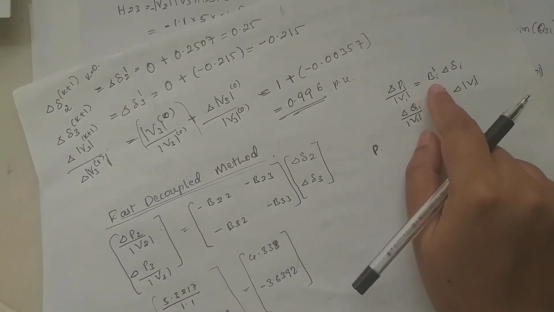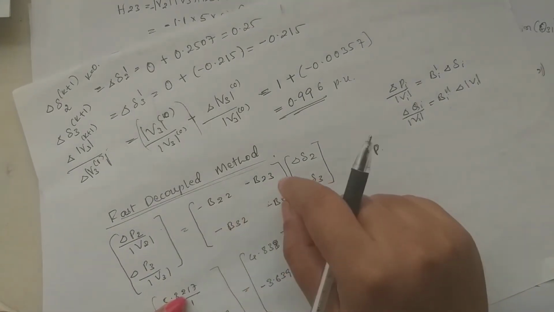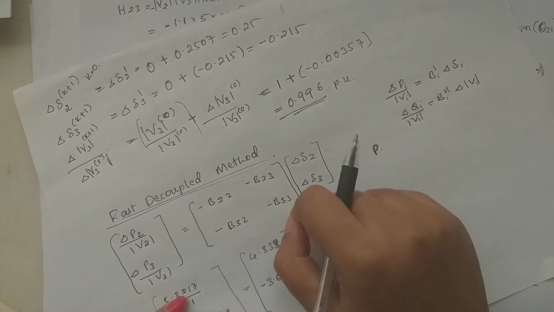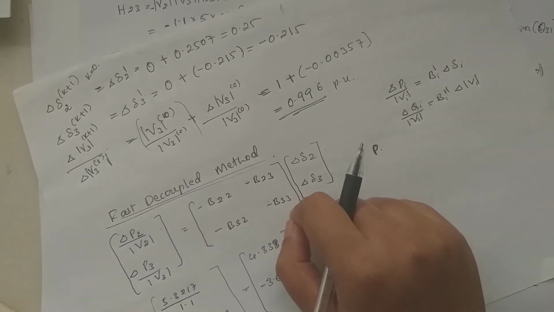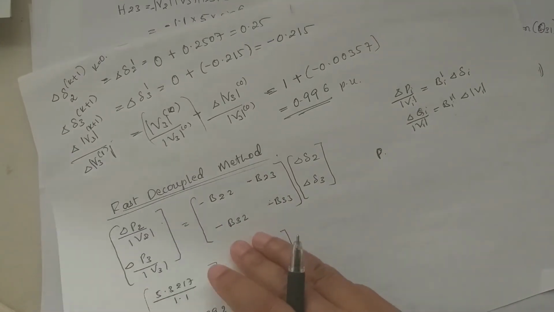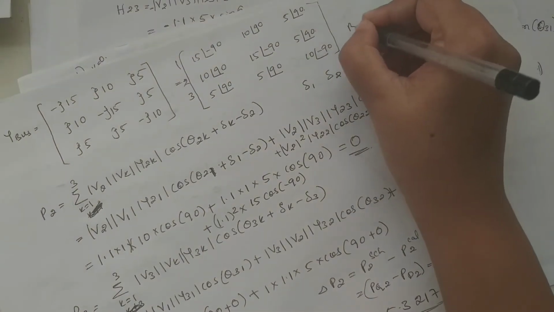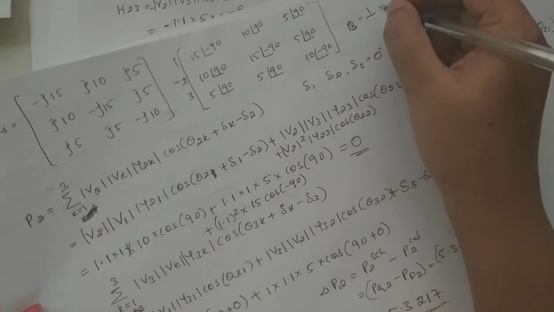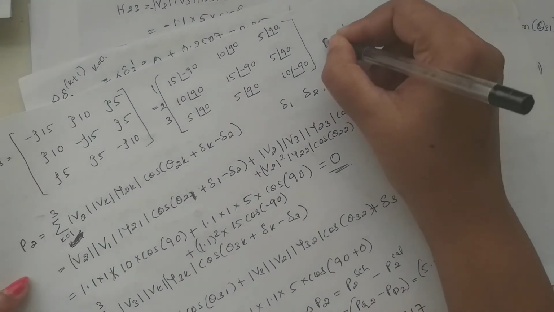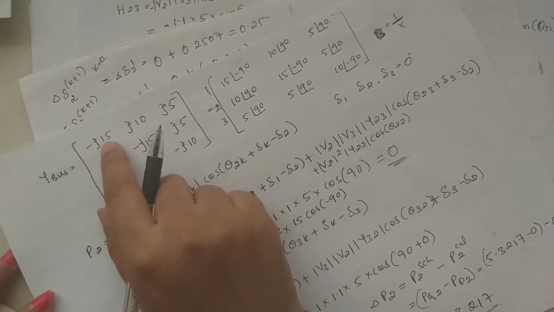This is equal to Bi dash, which means minus Bi. So this is the square matrix, B22, B23, B32, B33, already calculated. B is the inverse of x, so this is a Y bus, this is B, an imaginary value.